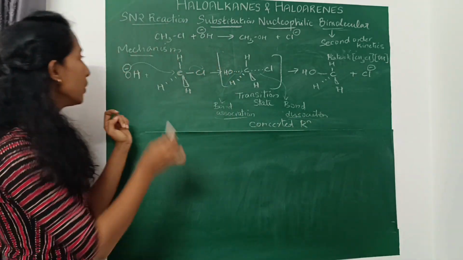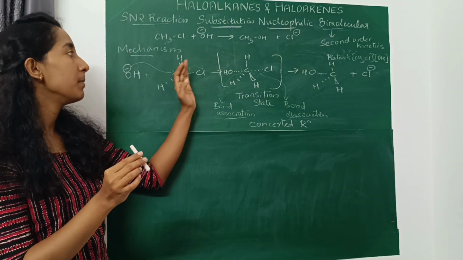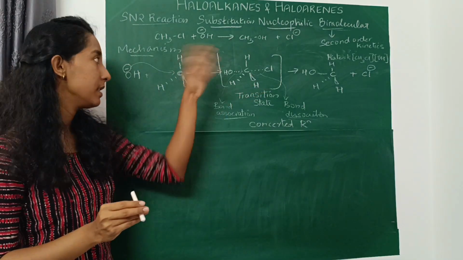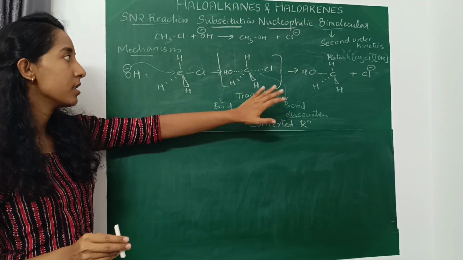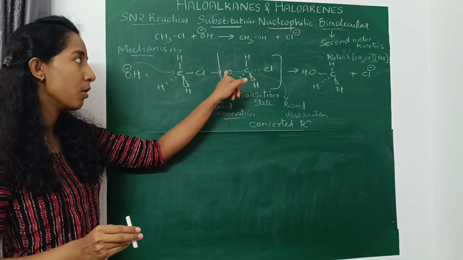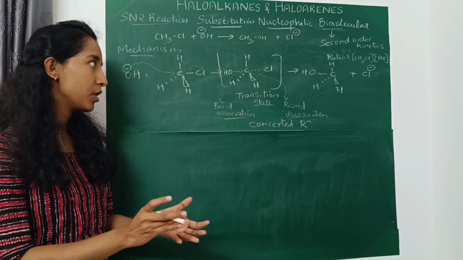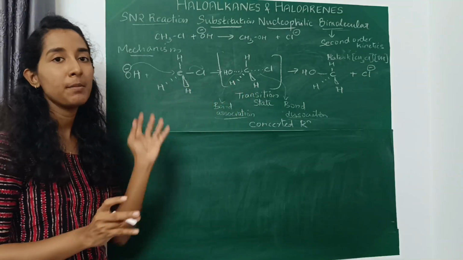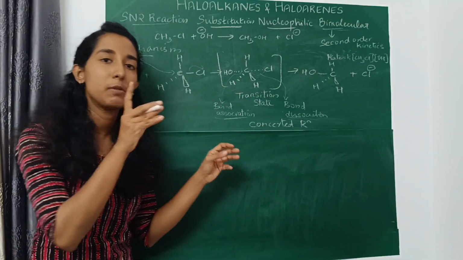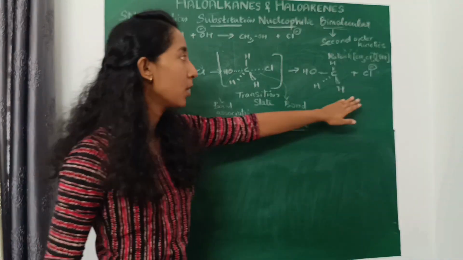The OH minus is attacking the carbon from the back side and the chlorine leaves from the front side. So there is a transition state in which carbon-OH bond formation takes place and carbon-chlorine bond dissociation takes place. This step, that is the attack from the back side and leaving from the front side, takes place in a single step. That is the reason we call it a concerted reaction, and you get the product.